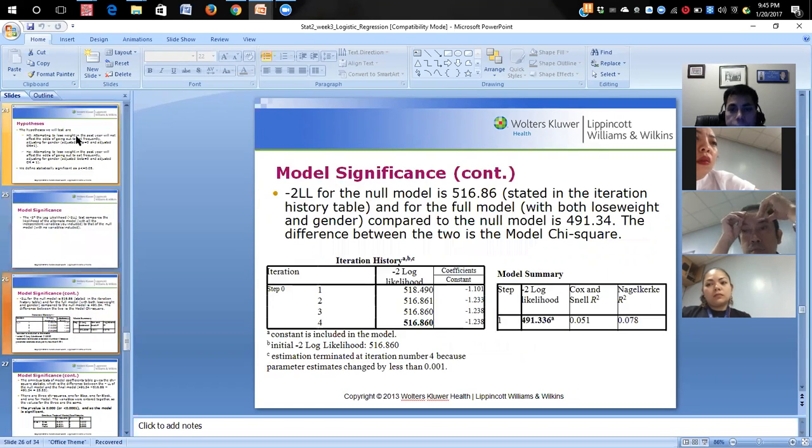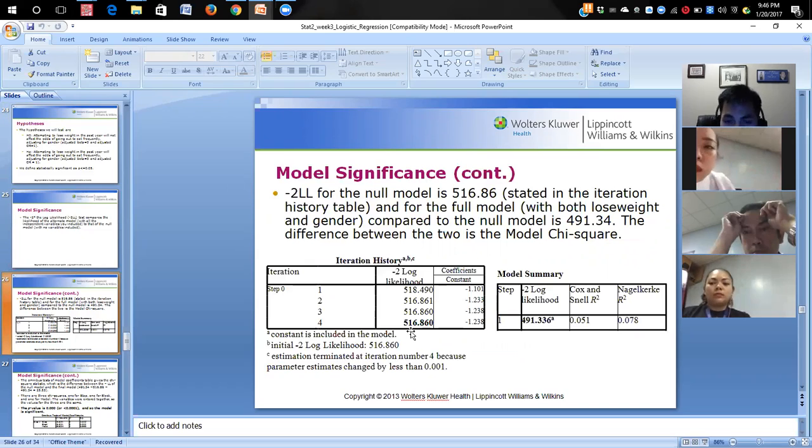Okay, so right here, this is the output on SPSS based on the sample data, where the null model is 516.86 based on the iteration history table.